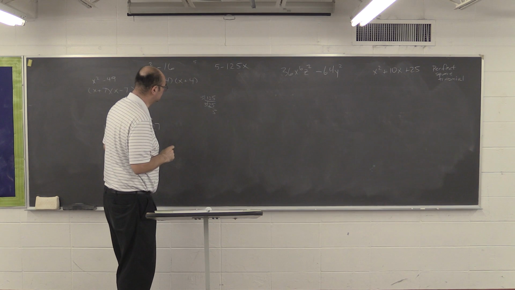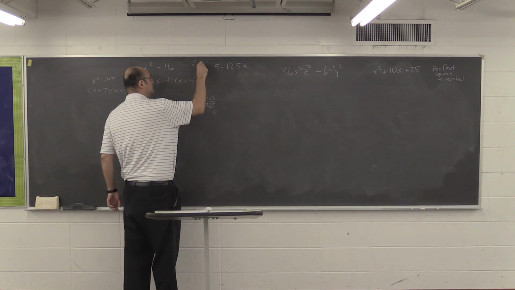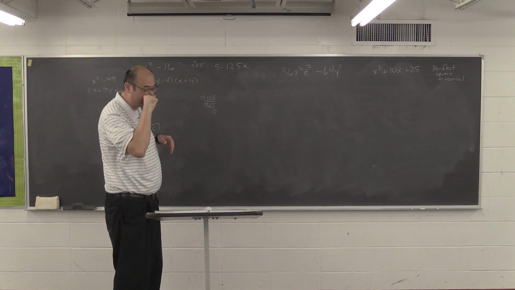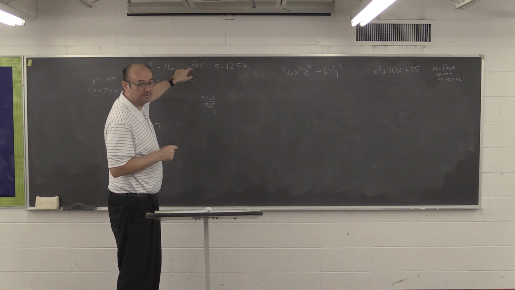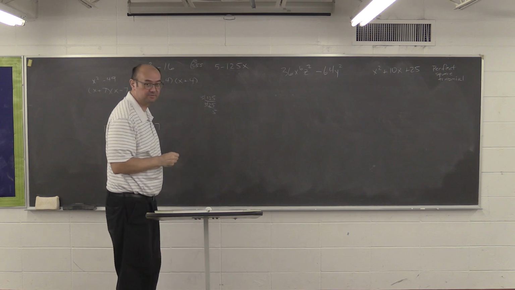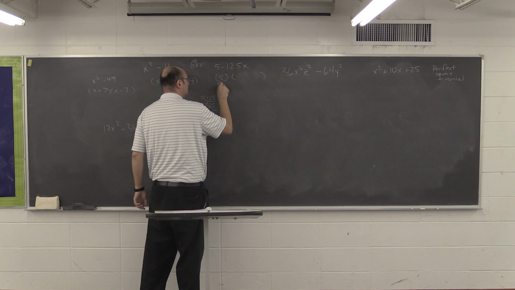And so 5 times 5 times 5 is 125. So min-com means that we're going to pull out the minimum, and we're going to pull out what's common. Well, 5s are all common, but there's only the minimum of one 5. So 5 becomes our greatest common factor.